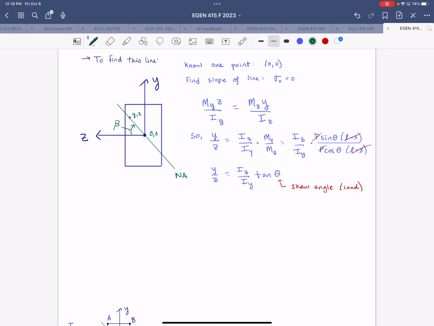So if the tangent of beta is equal to y over z, then we can say the tangent of beta is equal to IZ over IY times the tangent of theta.